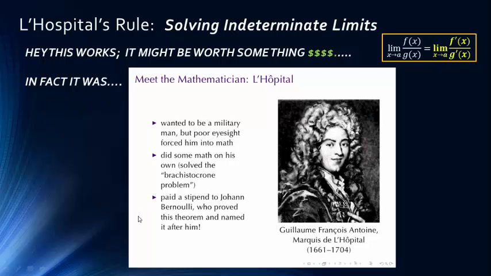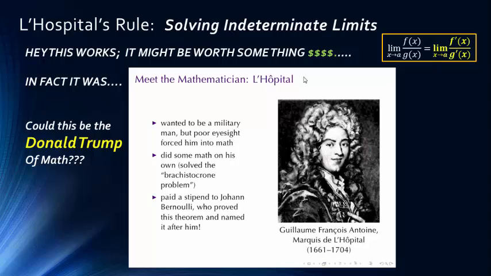One of his tutors in math was Bernoulli, an exceptional mathematician of the time, who actually proved this theorem. And this theorem, what I'm trying to say, is actually Bernoulli's theorem, but L'Hopital bought it from him so he could put his name on it. He wanted to live in infamy in the world of math, and so he actually bought the theorem.